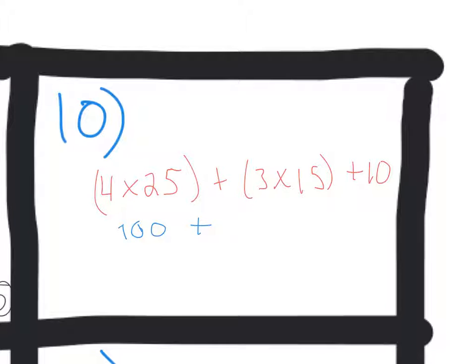Okay, then you're going to do 3 times 15. That gets you 45. And last, you add that $10 for your poster. You can combine all that information, and that's going to get you $155 for that family going to a concert.